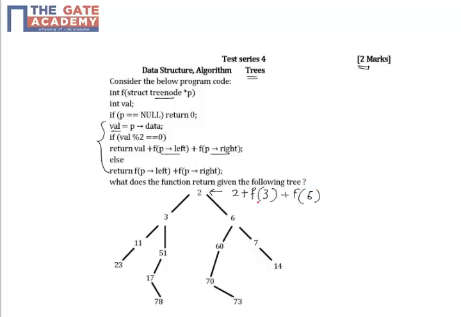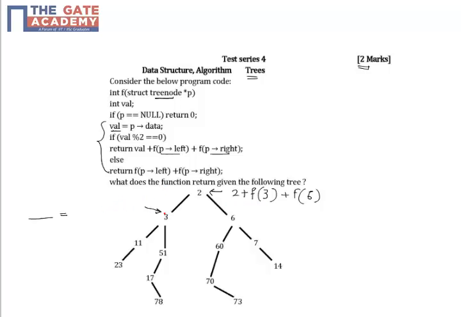So this return statement will call recursively the same function with the pointer pointing at this node. Now we'll execute the same function with pointer pointing here. And whatever the result is, that result will be returned back to this function.